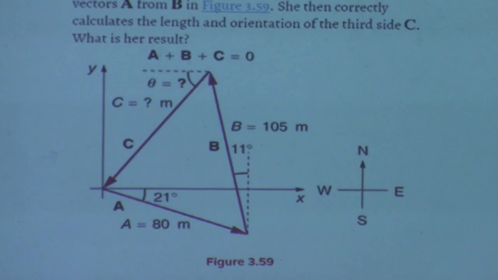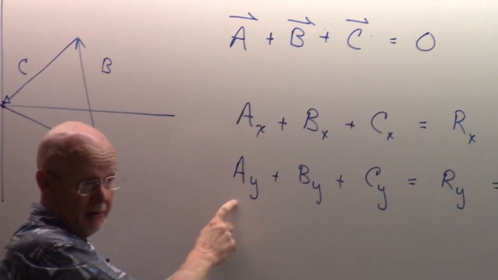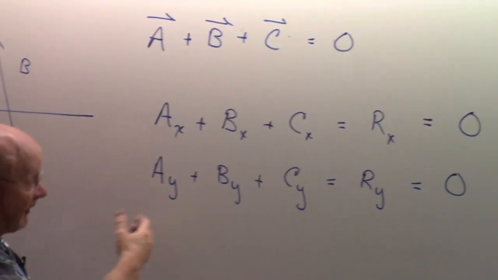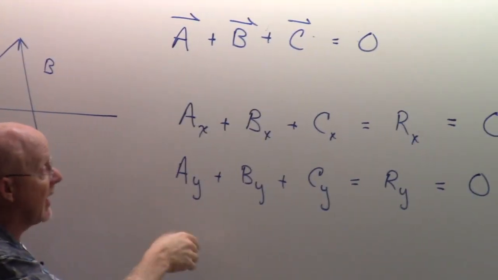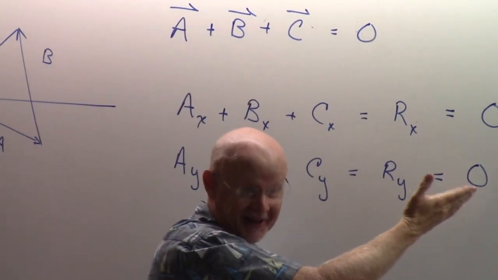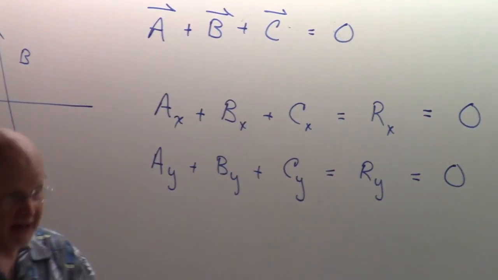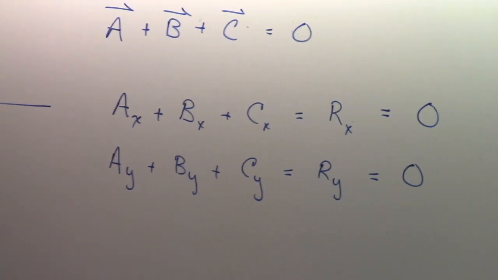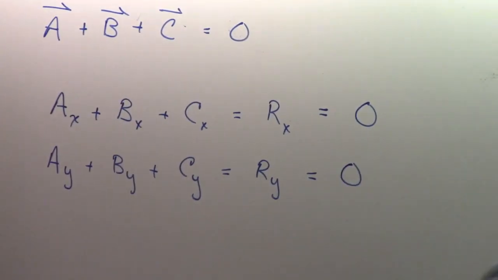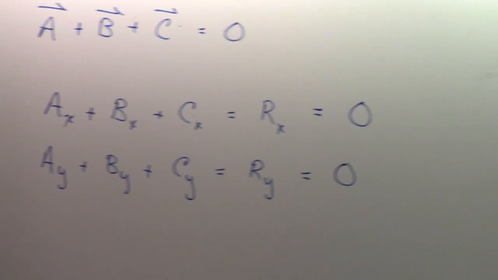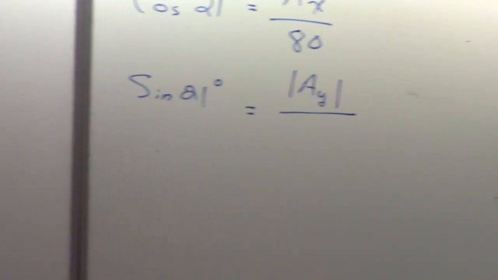So I want to make sure when I start putting AY into this equation here that I have a negative number. And if I forget that some of these are negative, there's no way I can take 3 positive numbers and add them together and get 0. So some of them have to be negative. And so you could either put negative 21 degrees, and then the calculator will give you the negative answer for it, or I think it's better to look at the picture. And so I'll do the magnitude of it and say, well, it's down, so of course it's going to be a negative number.